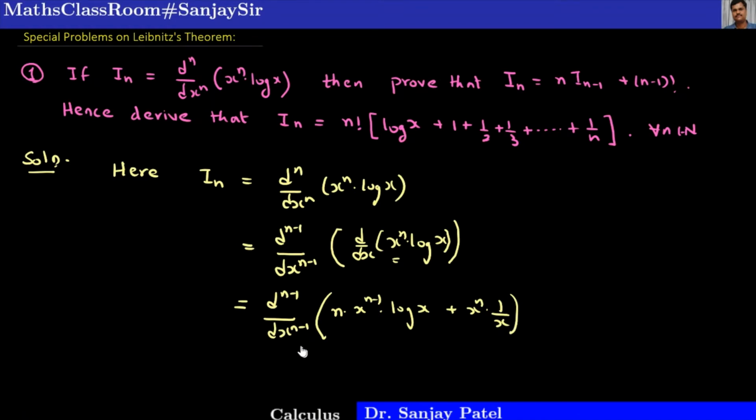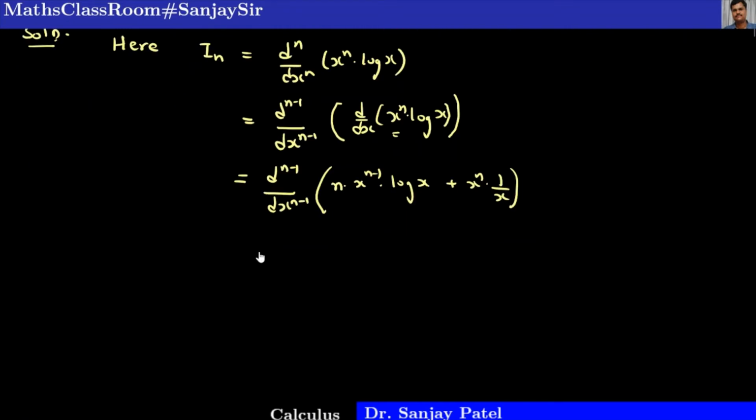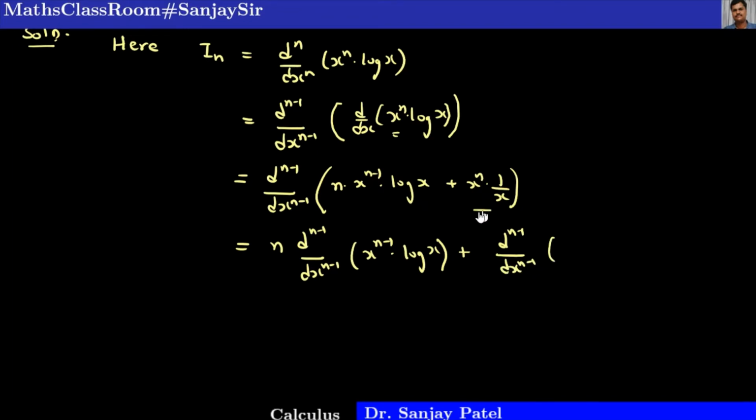Now separating this, we can rewrite it as n minus 1th derivative of this plus n minus 1th derivative of this. So I can write it as n into d^(n minus 1) by dx^(n minus 1) of x raised to n minus 1 into log x. As n is constant in multiplication, we have written it outside of the derivative sign. And then d^(n minus 1) by dx^(n minus 1) of this, and this thing is x raised to n minus 1.